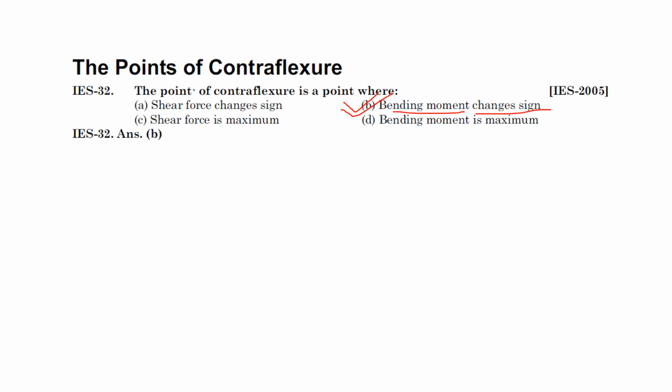Suppose in the GATE exam or the engineering services exam, they give you some bending moment diagram and ask at which point A, B, C, D it is a point of contraflexure. You have to see where the bending moment changes its sign from positive to negative or negative to positive. That point will be the point of contraflexure. So the answer is B. Please remember that. We'll see this point in many problems once we deal with SFD and BMD in the complete lecture series.